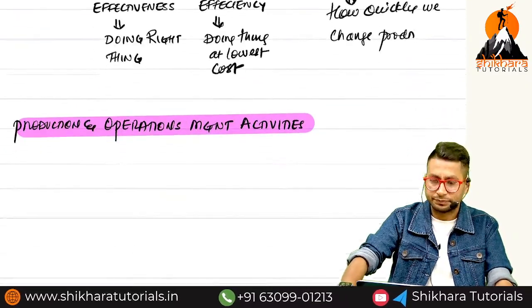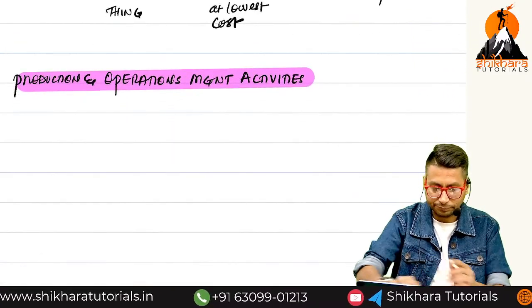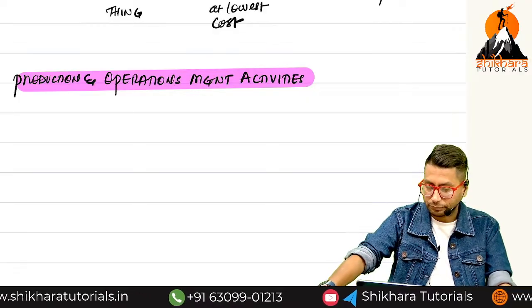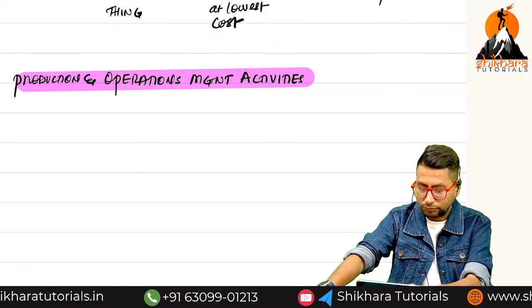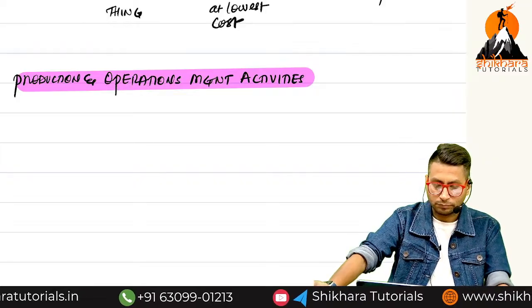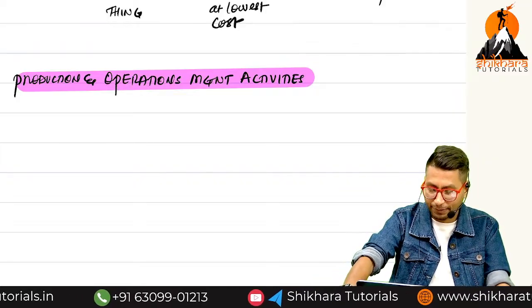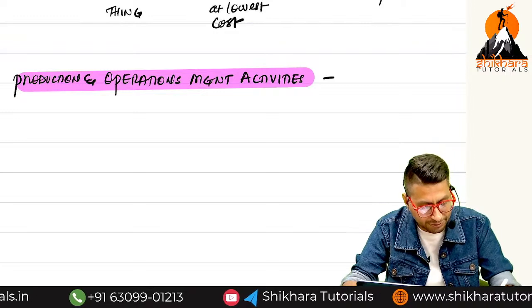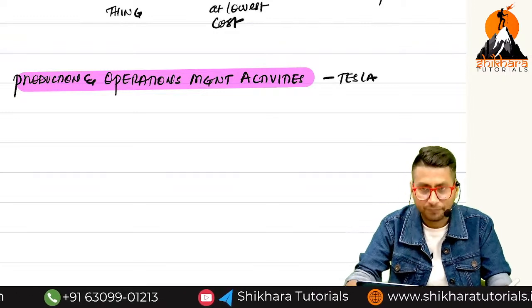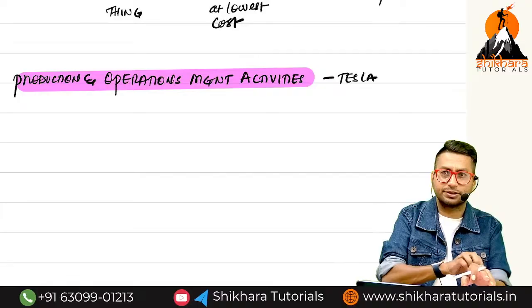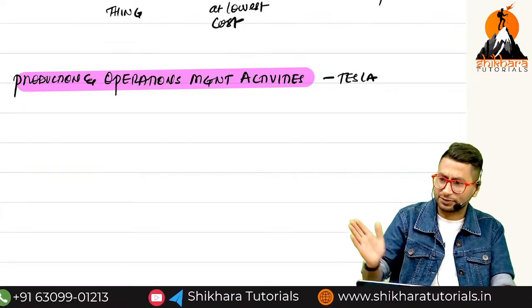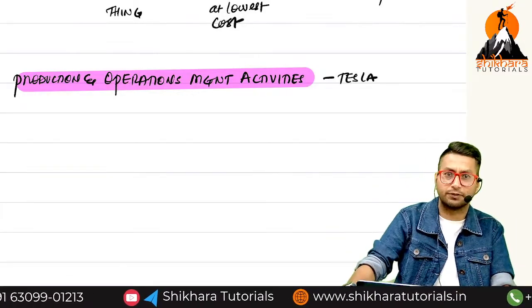Simple. Production and operations management activities. Here we will take the example of Tesla and understand what it means. Here we have only basic concepts; the entire syllabus will cover these concepts later.